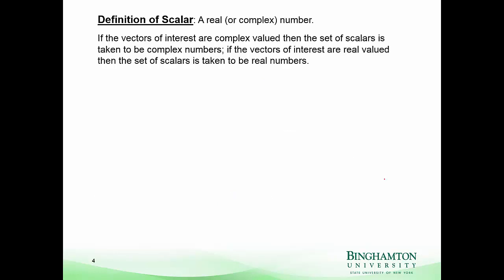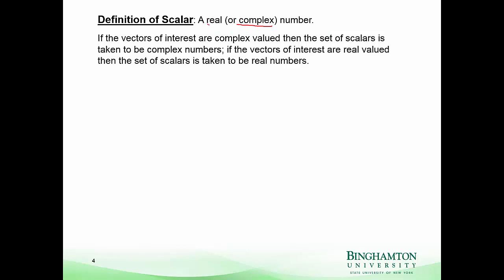So that's vectors, and then we don't want to leave behind our beloved real numbers that we're used to, or if we are allowing complex valued elements in our vectors, we would have to allow complex numbers here. But since we're going to be limiting ourselves to real valued vectors, we will limit ourselves to real valued numbers here as well.